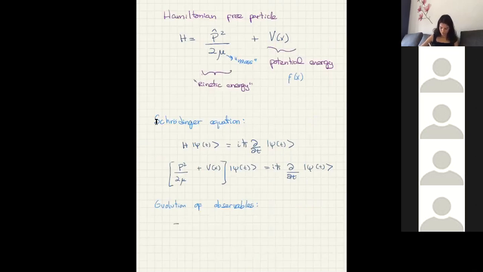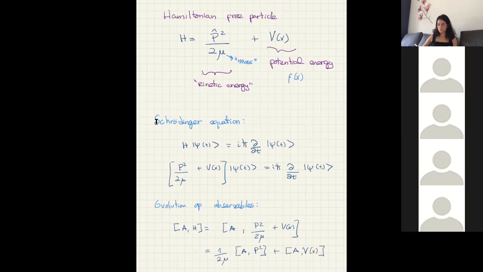What we need to know is the commutator of A and H. Okay, and this is A with p squared over 2 mu plus V of x, which is going to be 1 over 2 mu times the commutator of A with p squared, plus the commutator of A with V of x.